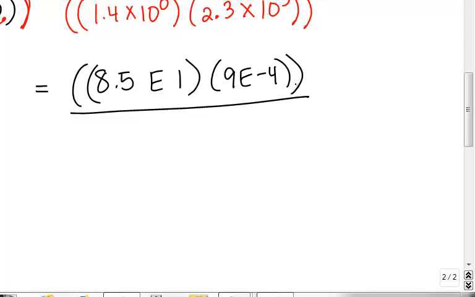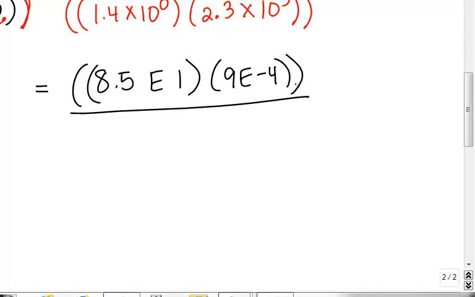Divided by parentheses, parentheses. 1.4, and then the e to the 0. Close the parentheses. And then parentheses 2.3, then e to the third. Close the parentheses, close the parentheses.